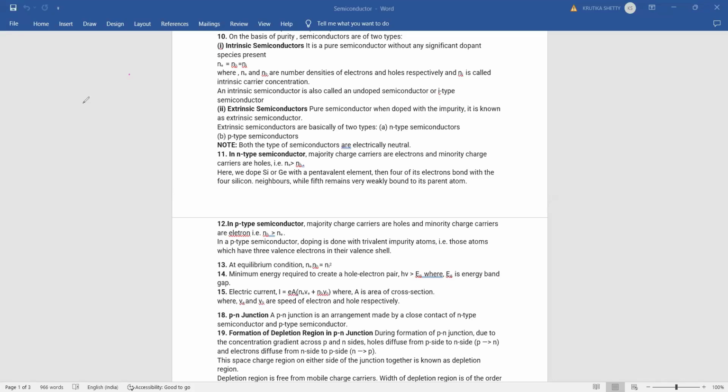The elemental semiconductors you defined first are called intrinsic semiconductors. We have only two examples, germanium and silicon. Silicon and germanium are the examples of intrinsic semiconductors.